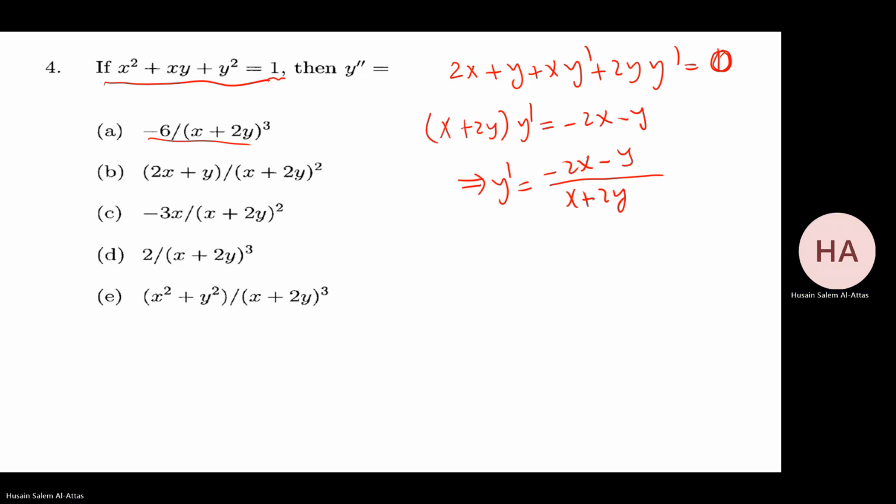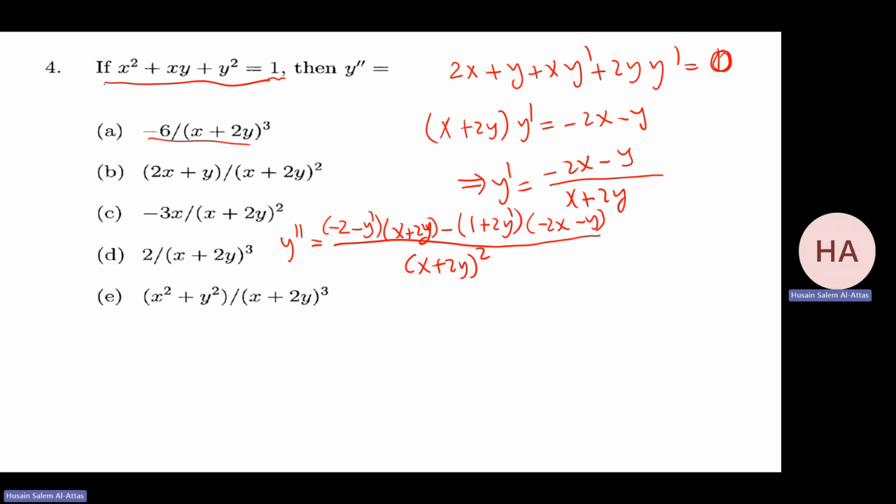Okay. So y double prime will be what? The derivative of the numerator, which is minus 2 minus y prime, times the denominator, minus the derivative of the denominator, which is 1 plus 2y prime, times the numerator, over x plus 2y all squared.